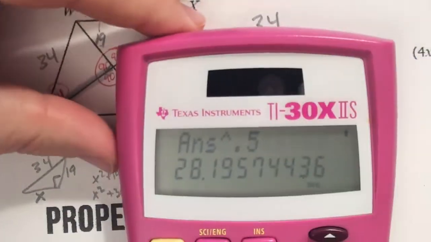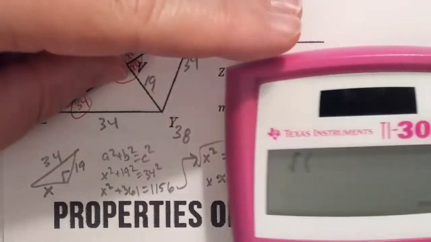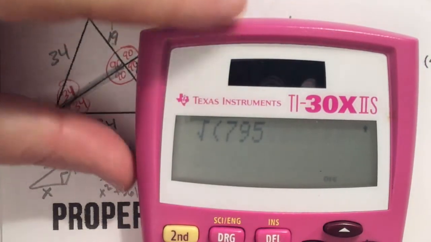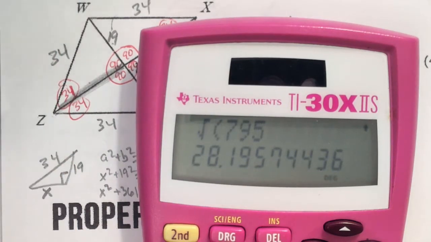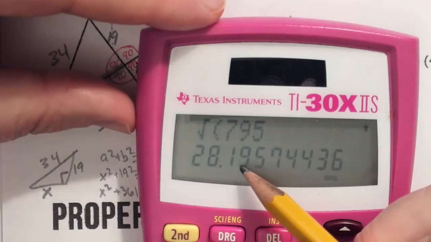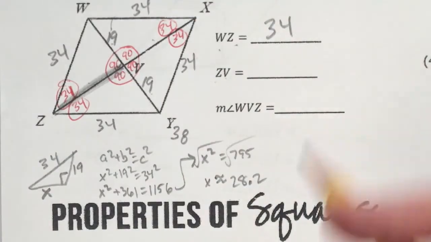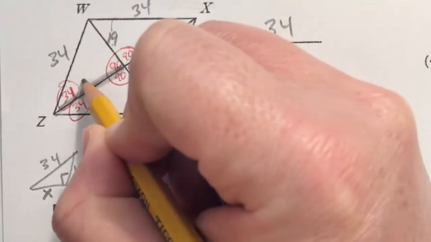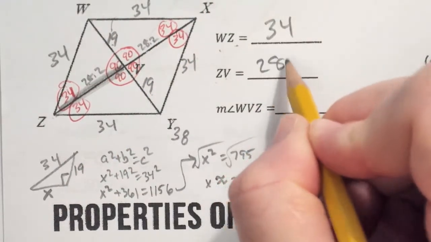So here was, so the square root of 795. And you get this answer. So is it 0.1, or are we staying at 0.1, or are we going up to 0.2? So look at the number after it, that would maybe go up to 0.2. So roughly. All right, so this right here would be 28.2. And this would be 28.2. So 28.2 is your answer.